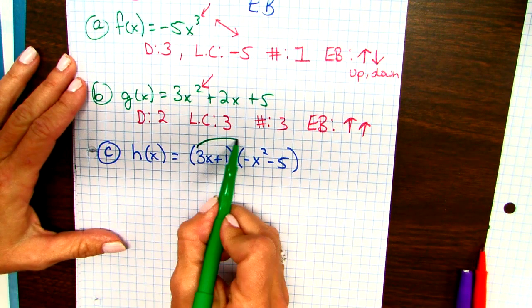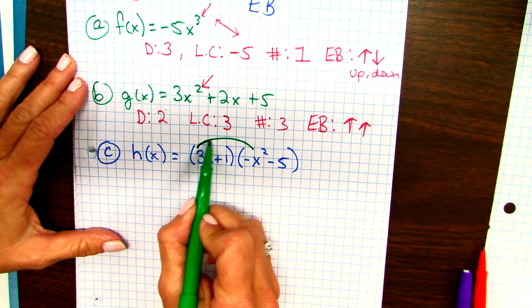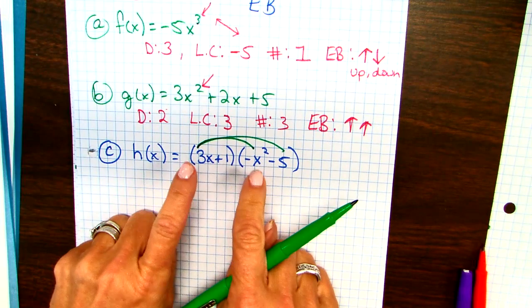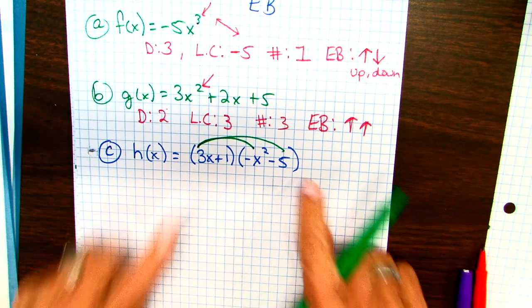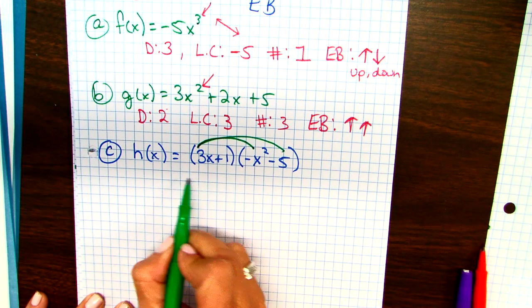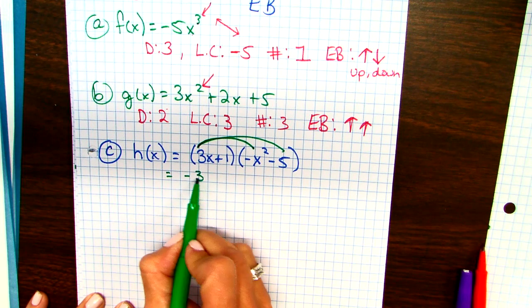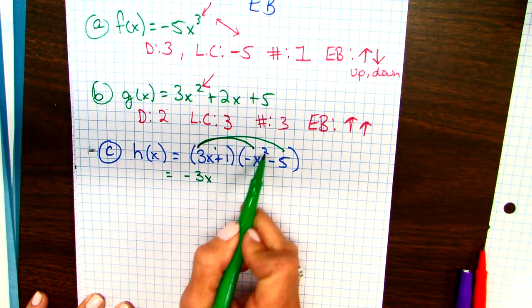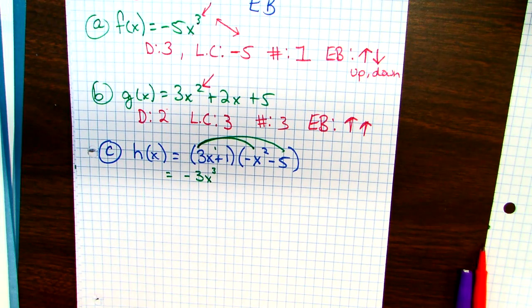So we're going to multiply the 3x times everything in the other set of parentheses. FOIL: your firsts and your outsides, F and O. So 3x times negative x squared would be negative 3x to the what? 3, right? 1 plus 2 is 3. Oh, I forgot, Brian, you weren't here yet.